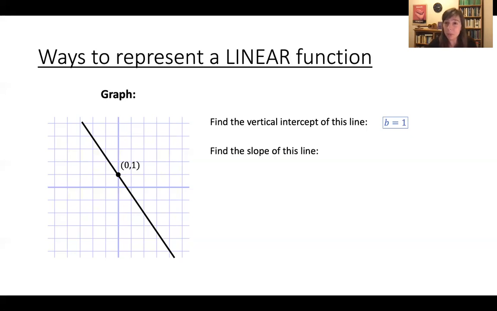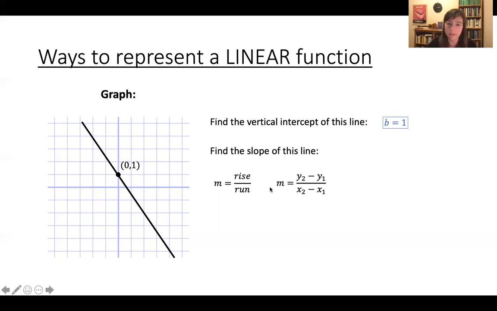What if I asked you to find the slope of this line? Well, your book has a common way of remembering the slope. It's rise over run. I remember seeing this when I was learning this stuff originally. The rise is the change in your y values, and your run is the change in the x values.